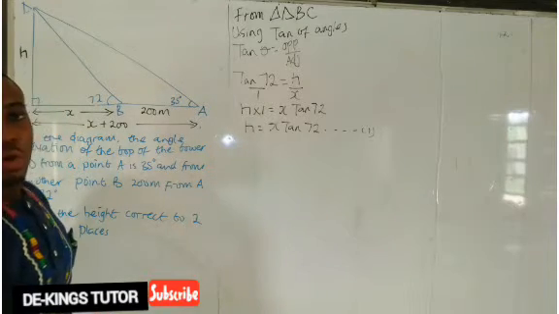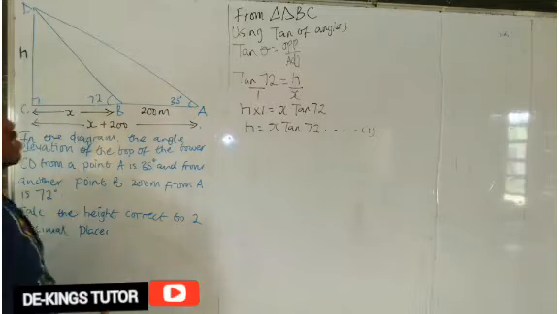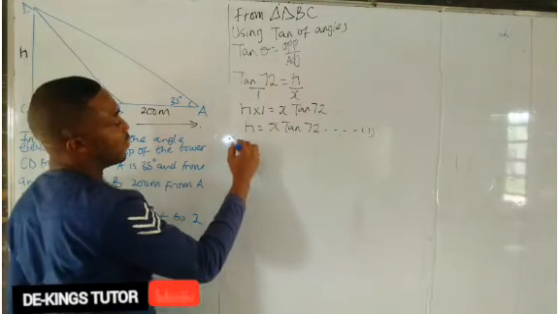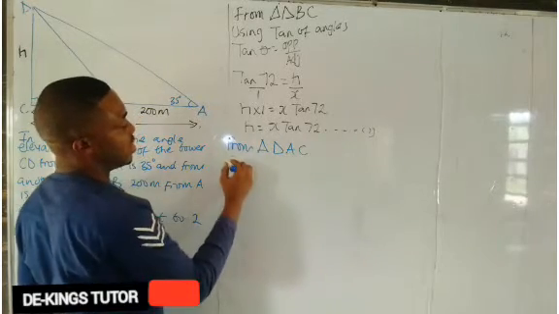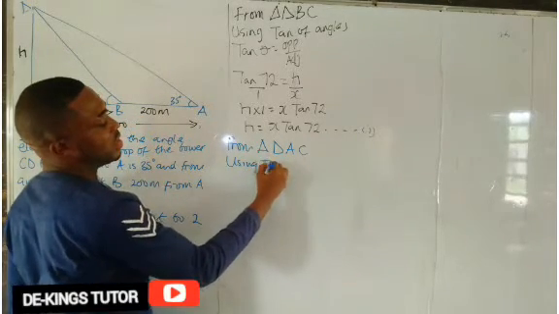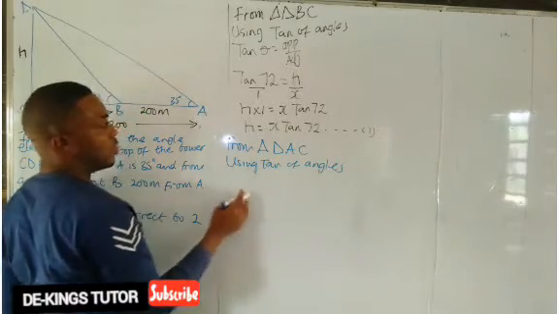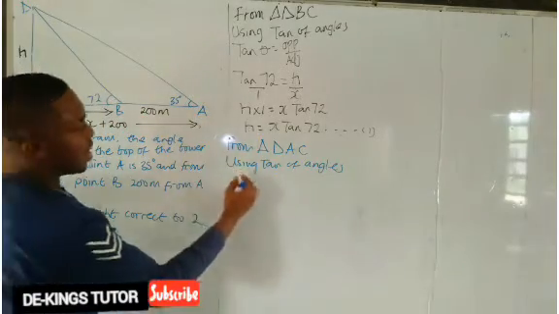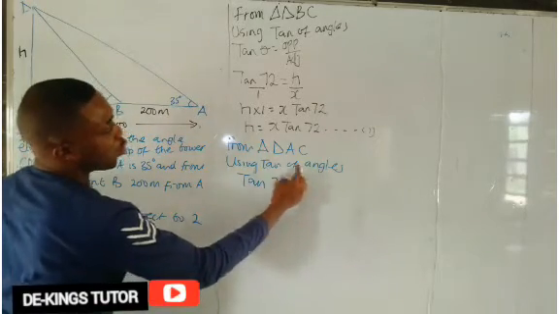Now also, considering the other triangle DAC, using tan of angles. We have tan 35 equal opposite over adjacent.